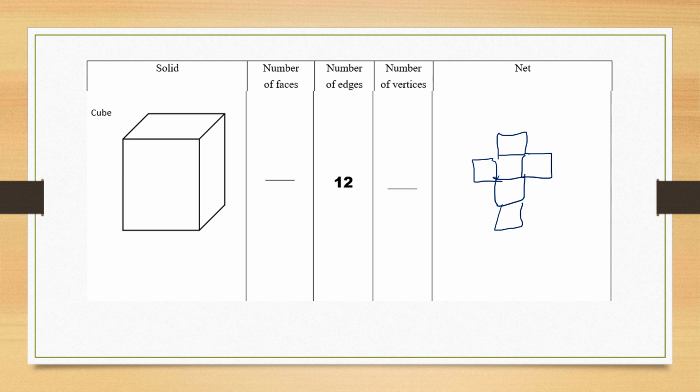So you're going to get 1, 2, 3, 4, 5, 6. It has 6 faces. Now when it comes to vertices, we're going to use this shape. So that's 1, 2, 3, 4, 5, 6, 7, 8. 8 vertices.